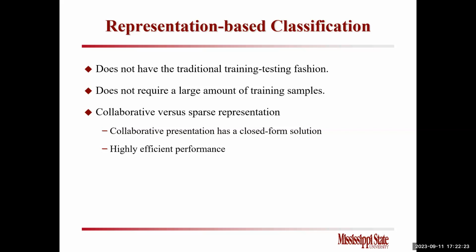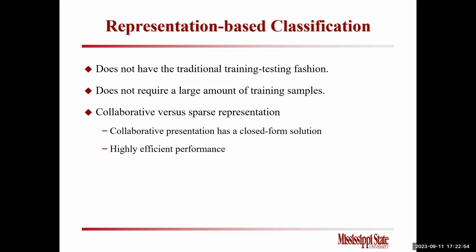So it's mainly just that we have a bunch of training samples, then we have a testing pixel. I want to know which class it belongs to. I just do regression analysis using these training samples. Then the class that produces the minimum residual error, we assign the pixel to that label.